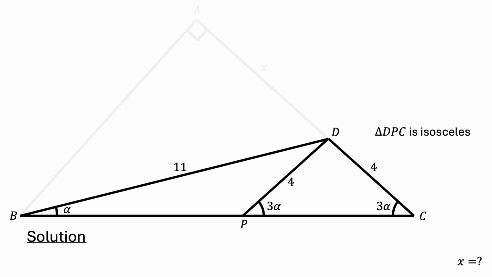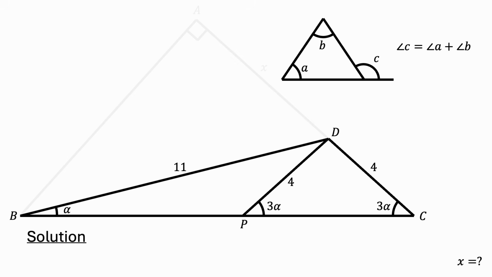Now, angle DPC is an exterior angle of triangle BPD. Since an exterior angle equals the sum of interior opposite angles, angle PDB equals 3 alpha minus alpha, which equals 2 alpha.